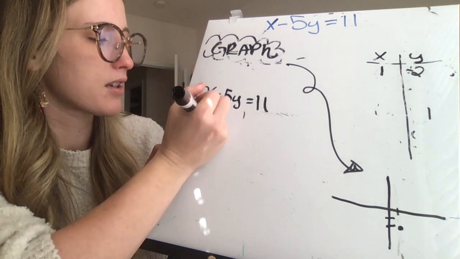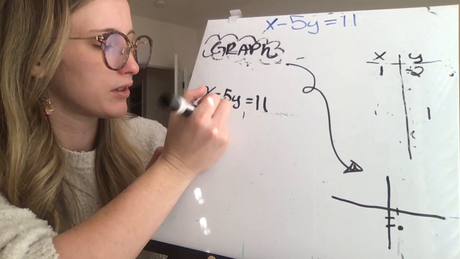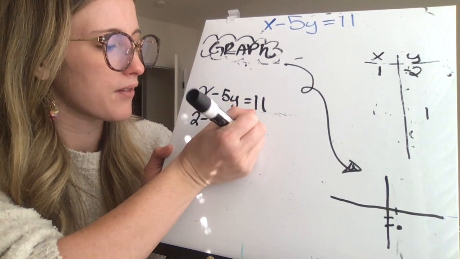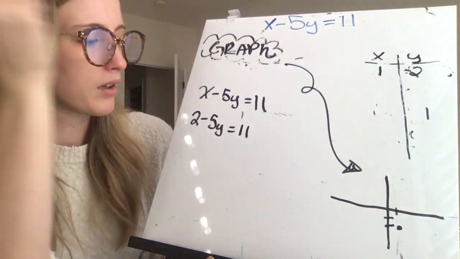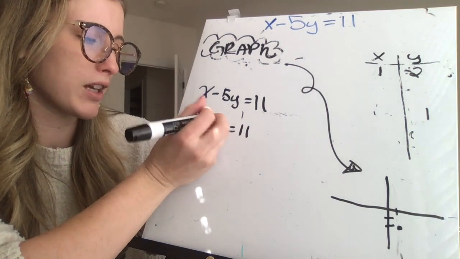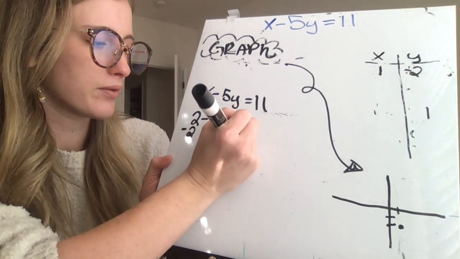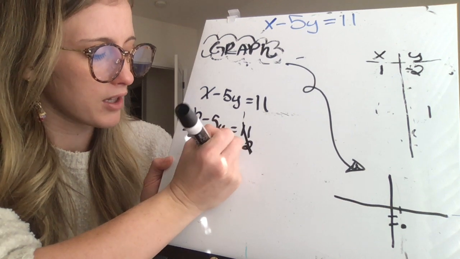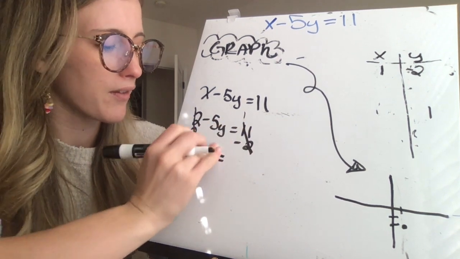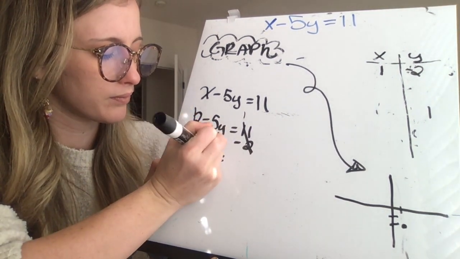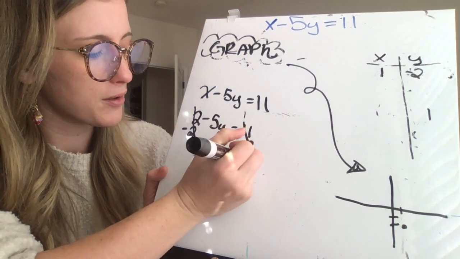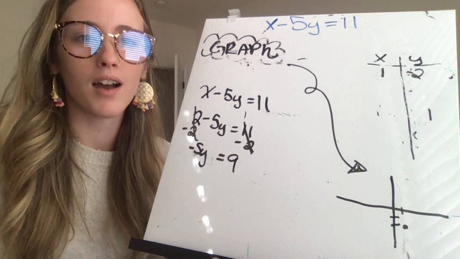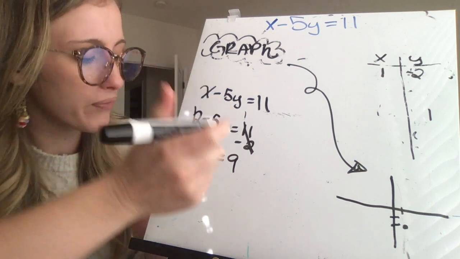Let's try 2 for x. So 2 subbed in for x, minus 5y equals 11. We need to get rid of that 2, so minus 2: -5y equals 11 minus 2, which is 9. Crazy, we are going to have a fraction here. Totally okay.